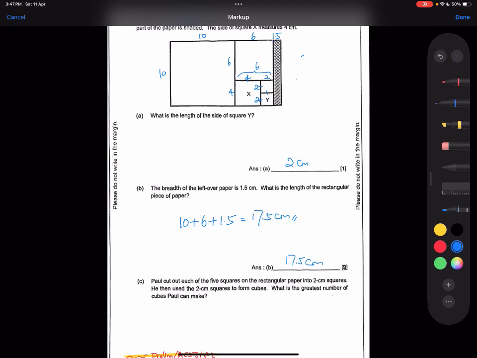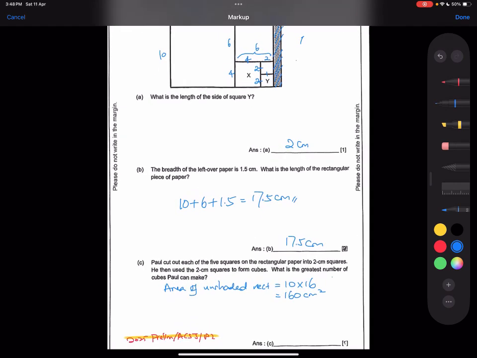So let's ignore the part that's shaded. Okay, the area of the unshaded rectangle is 10 times 16. Okay, that gives us 160 centimeters square.